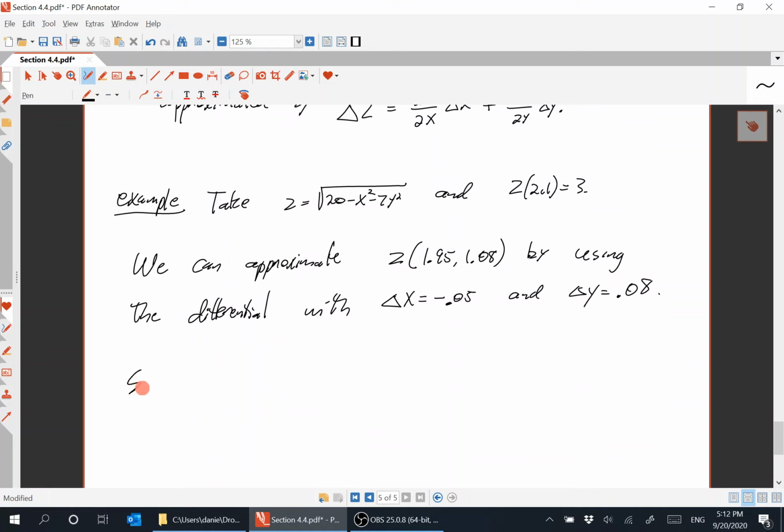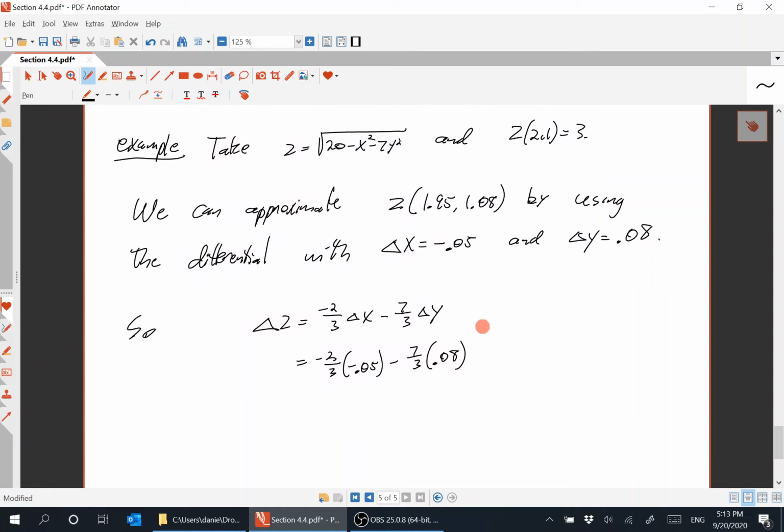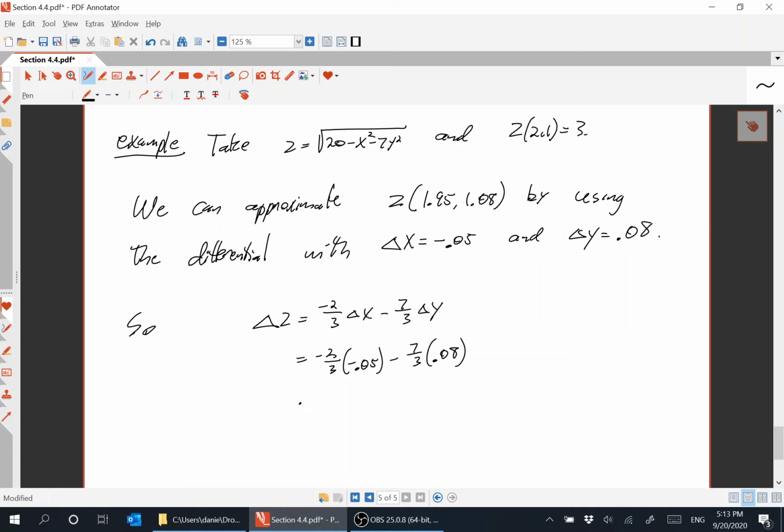So now delta z is equal to minus 2/3 delta x minus 7/3 delta y, which is minus 2/3 times minus 0.05 minus 7/3 times positive 0.08, which is approximately minus 0.153333.